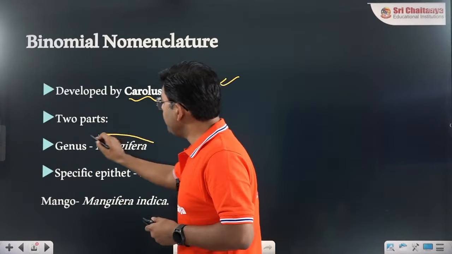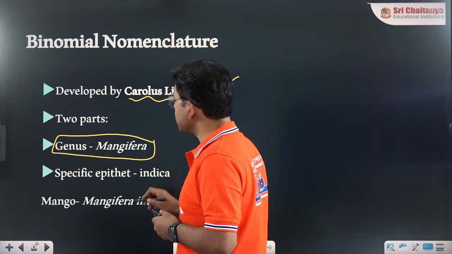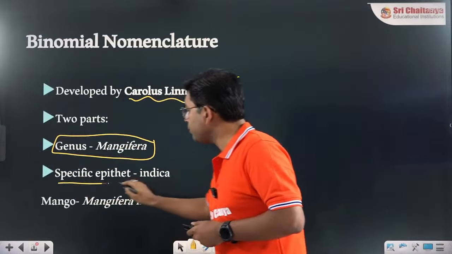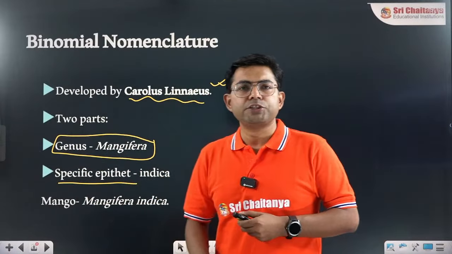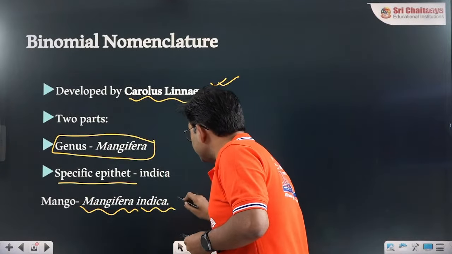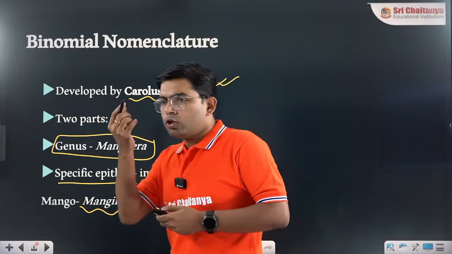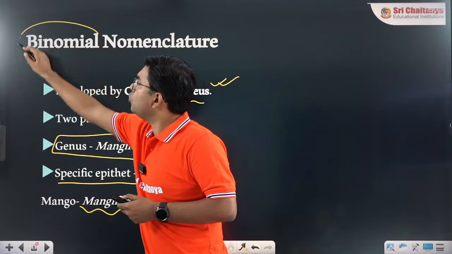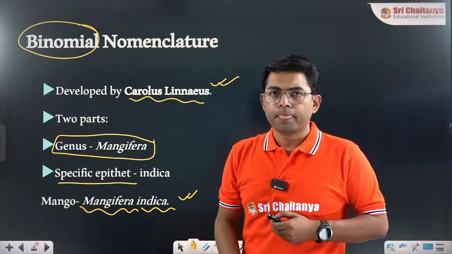The first part will be called the genus, and the second part will be called the species. So genus and species together make a two-part nomenclature, that's why it is called binomial nomenclature.